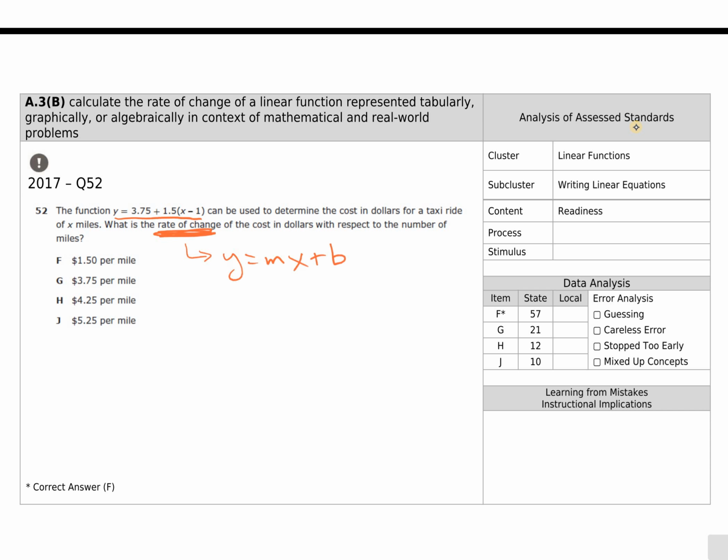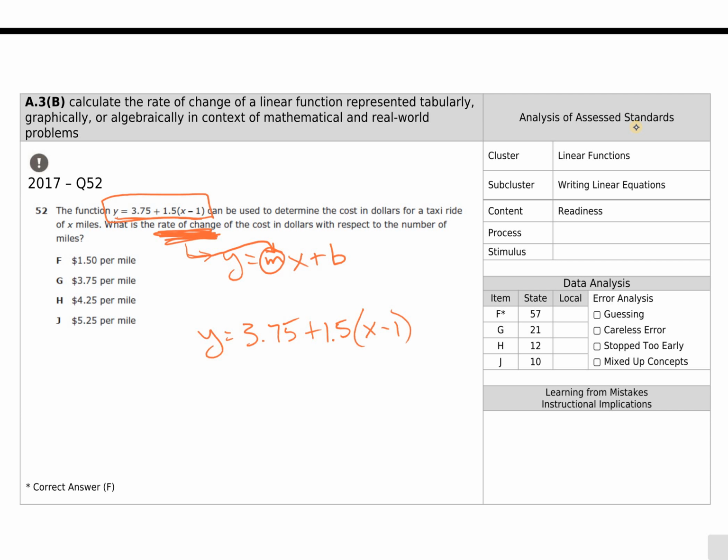Which one of these letters represents rate of change? Hopefully you thought the m, the coefficient of the x, is your slope. That's correct. And we see this equation is not quite in y equals mx plus b form, so we can get it there. y is equal to 3.75 plus 1.5 parentheses x minus 1 close parentheses.